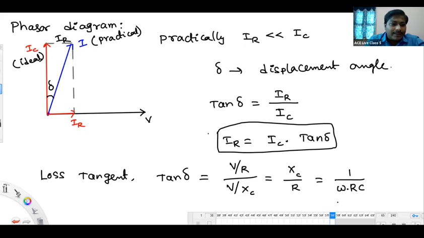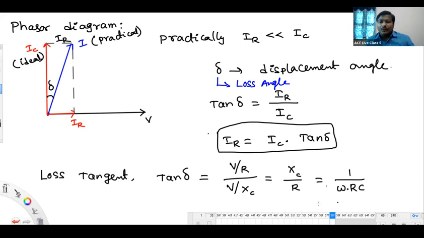Hence, we call this delta the loss angle of the dielectric material. Practically, this number is very small, like 2 or 3 degrees. For a healthy, good dielectric material, this loss angle will be very, very small, like 1 or 2 degrees.